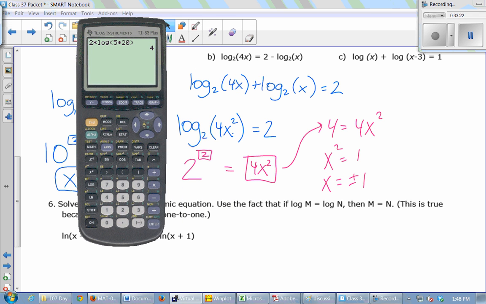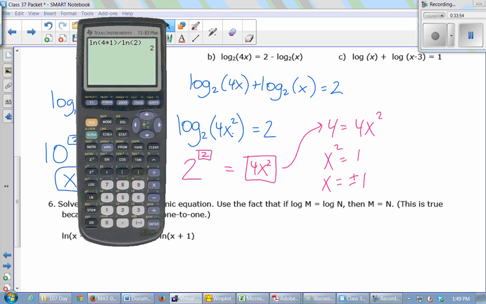I'm going to plug in each one separately. So for part B, oh, and it's log base 2. Shoot. I don't have log base 2 in my calculator. What do I do? Change of base. So I'm going to have to do ln of 4x divided by ln of 2. Change of base to check it. So the ln of 4 times, let's do 1 for x, divided by the ln of 2.